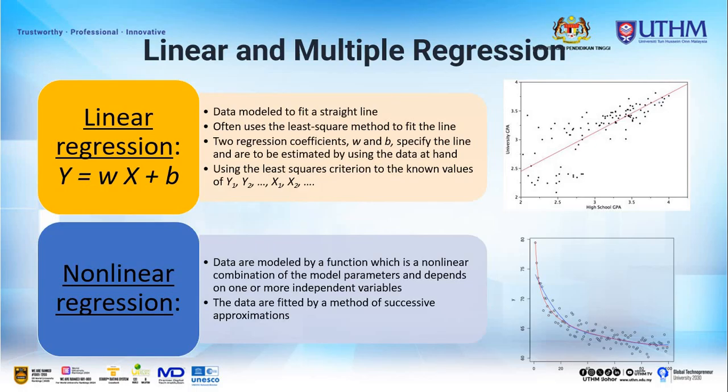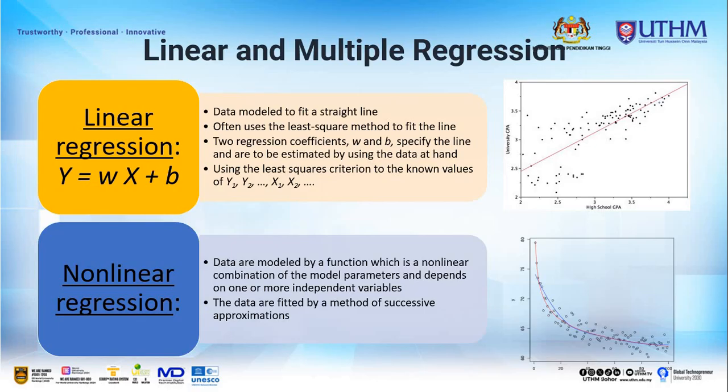It's similar, only the variable name is different. Instead of m, we use w. So we often use the least squares method to find the best fit line. This method minimizes the sum of the squared differences between the observed value y1 and the predicted value y hat.